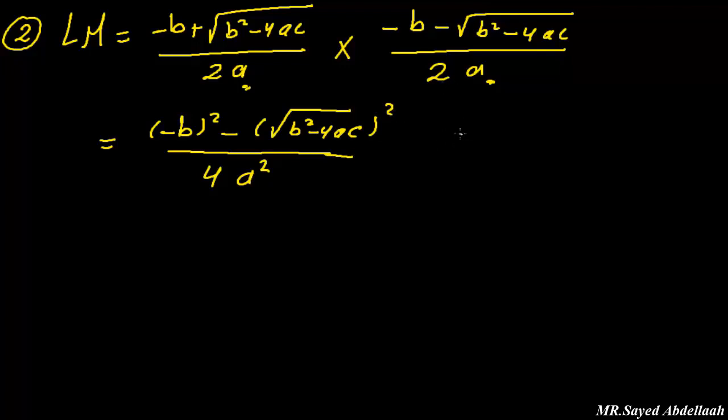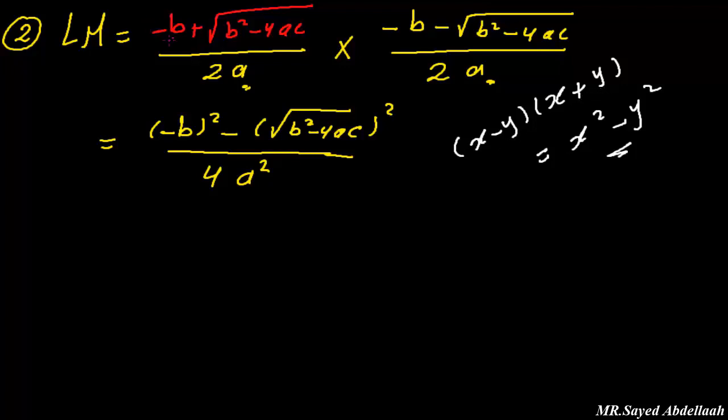If we wanted to multiply x minus y times x plus y, it equals x² minus y². And if we wanted to factorize the expression x² minus y², this expression is called the difference of two squares. Then the factorization of it equals x minus y times x plus y.